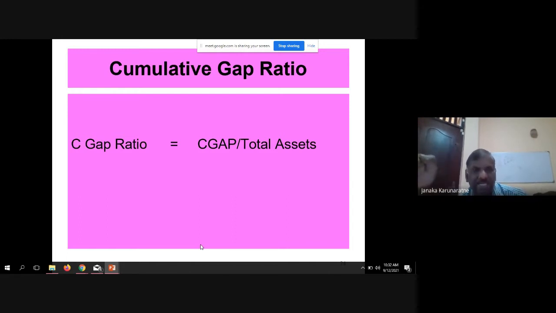So let's say there's a possible gap which could arise. Usually an adverse gap of, let's say, 15% depends on the bank's tolerance level. I told you about appetite, attitude, all those factors when you set the limit. So your bank, let's say Bank of Ceylon, says my C gap is negative, maximum tolerance is 15%.